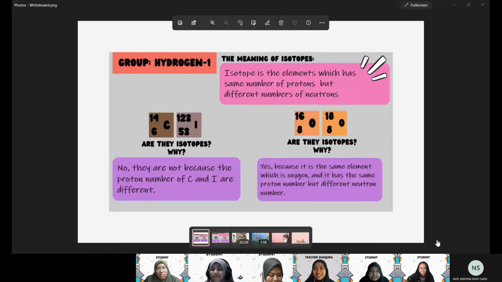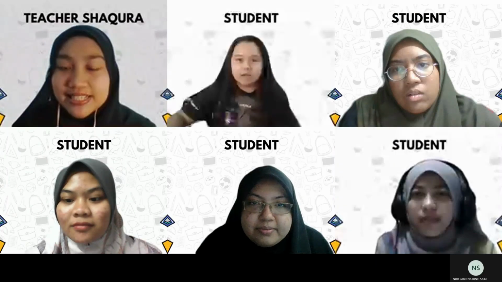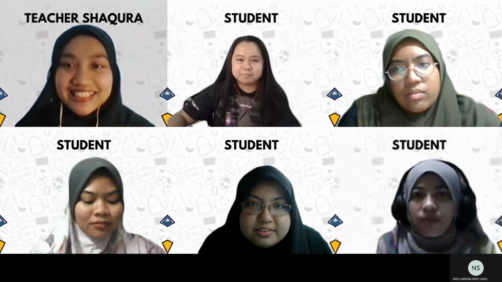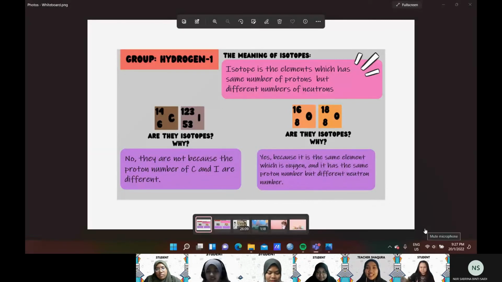Yes, that's a great job from group 1. All of you can give a reaction to group 1. You can give applause or heart. For the meaning of isotope, yes, it's correct. But the meaning of isotope based on your textbook is that isotopes are the atoms of the same element.